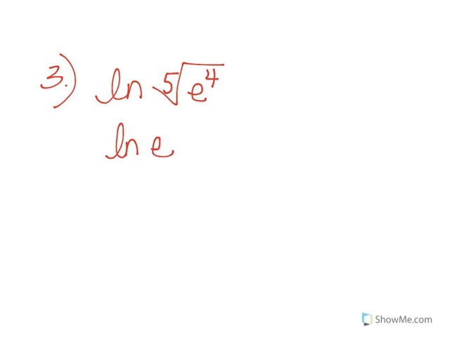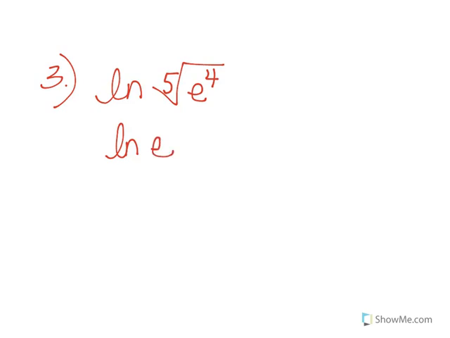So problem 3. Let's do another one that has a radical in it. Let's do the 5th root of e, let's just say to the 4th power, right? So we want to apply the rule that we just went over in the last problem. We want to convert this to a fractional exponent, so we want to think inside over outside.